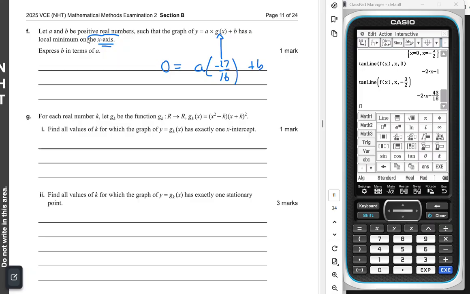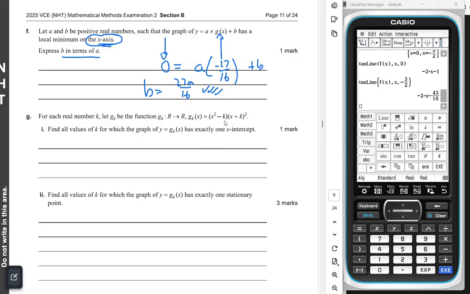So I want the new coordinate to be on the x-axis. So the new y-ordinate is 0, and the old y-ordinate is minus 27 on 16. Therefore, B equals 27A on 16 will be what I'm looking for, B in terms of A.